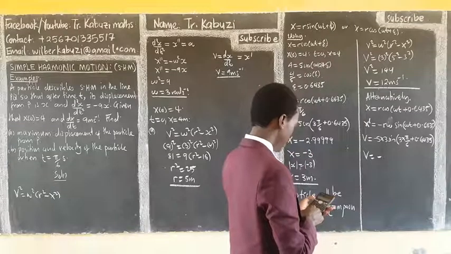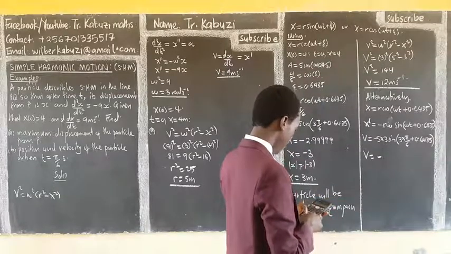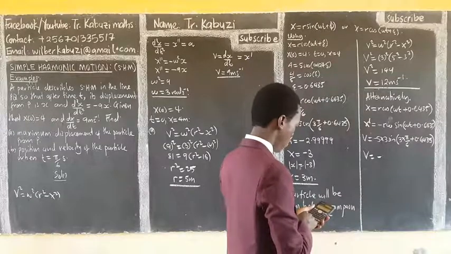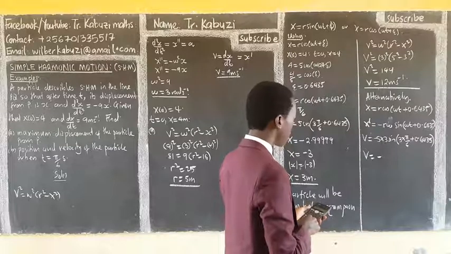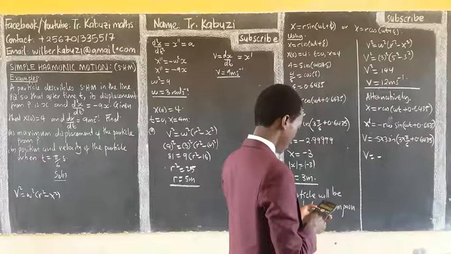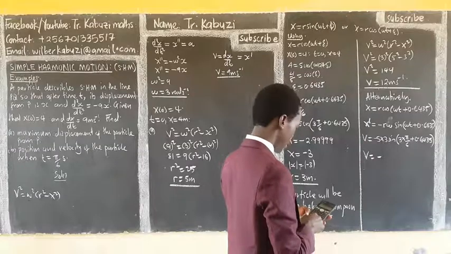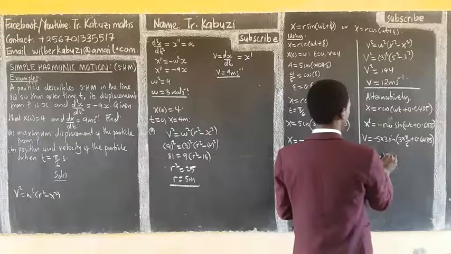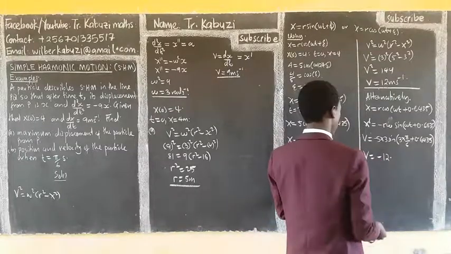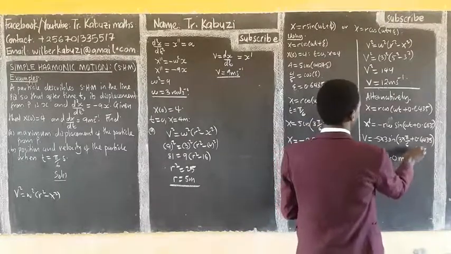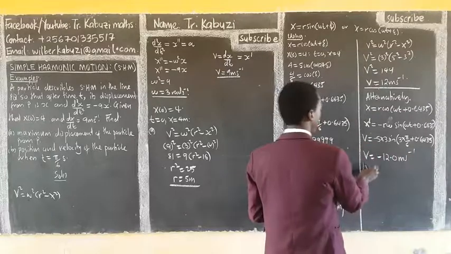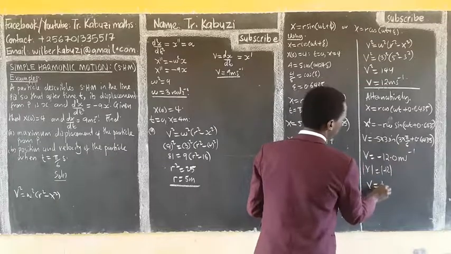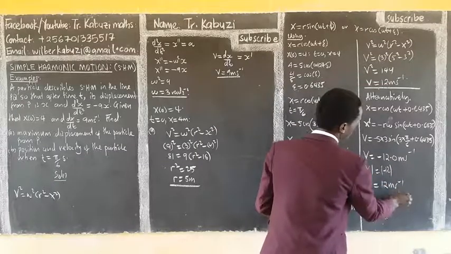It's going to be pi divided by 2 plus 0.6435, sine of the answer, times 15. You see, I'm getting a negative from 0.00000 meters per second. And if you get the magnitude of this, that is going to give you 12 meters per second.